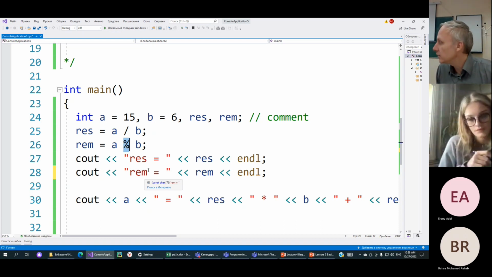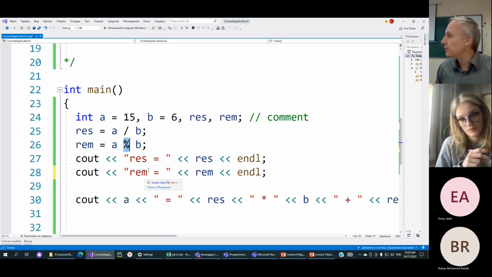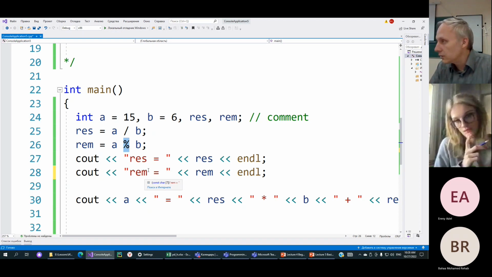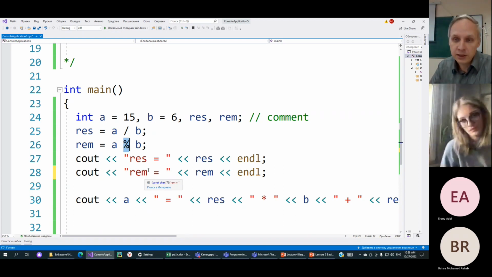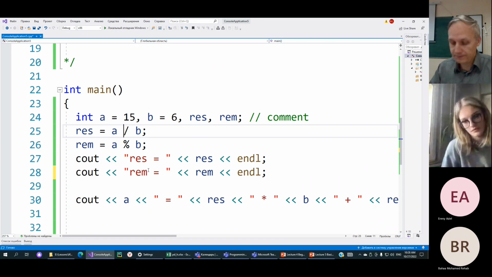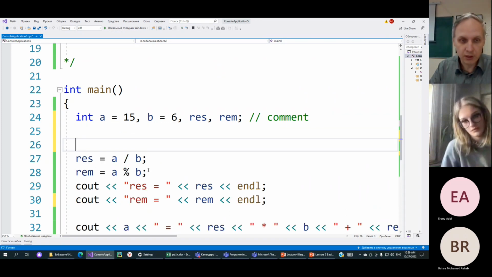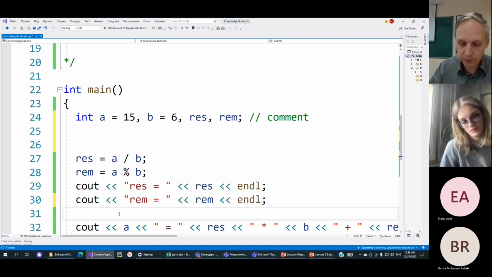In some cases this operation is very useful. For example, imagine that you enter a number from the keyboard.